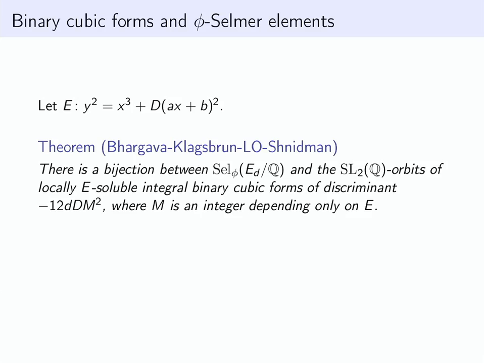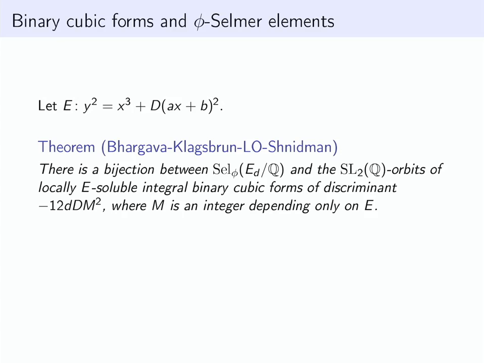In particular, it turns out it takes the following shape. This is really the key step in our paper: you can think of these Phi-Selmer elements as SL2(Q) orbits of some integral binary cubic forms satisfying some local conditions, with some specified discriminant.